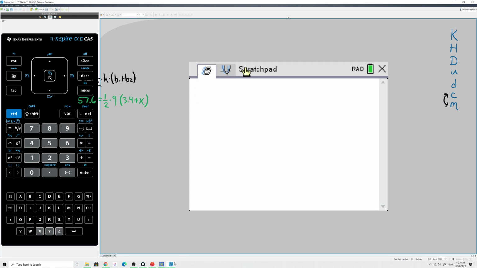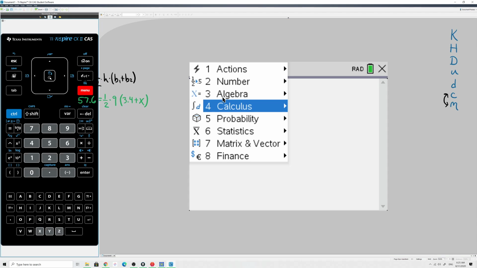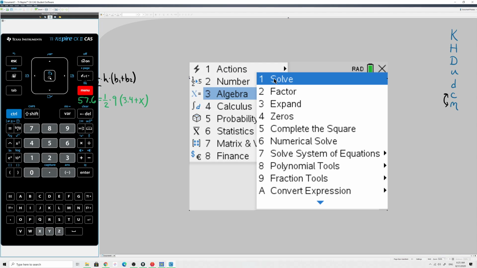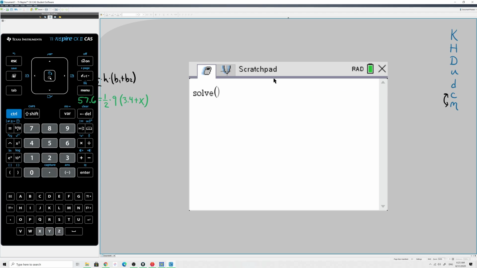So, I have the calculator here. If you have your Inspire, in order to solve an equation, once you're on a calculate screen, press Menu, then go to Algebra, and then Solve. And all we have to do is type our equation exactly as it's written.